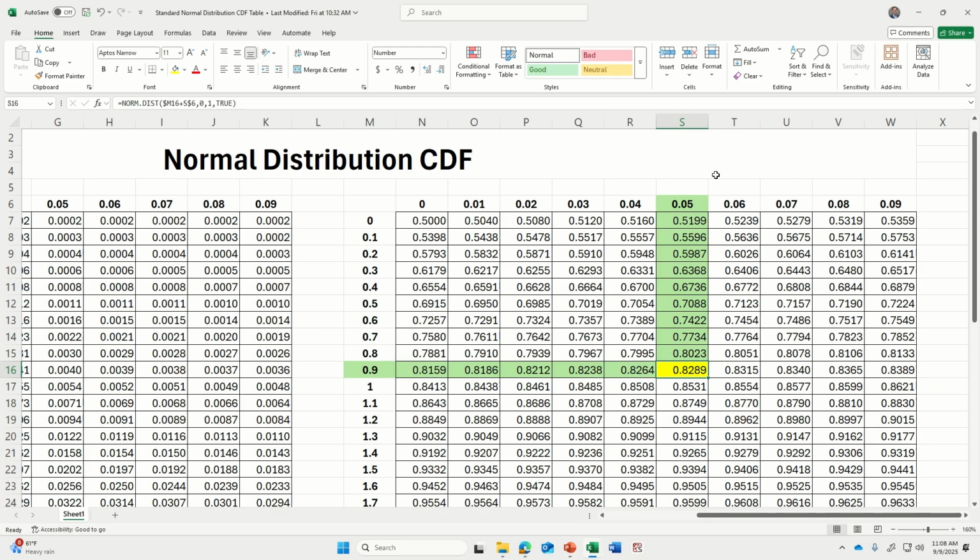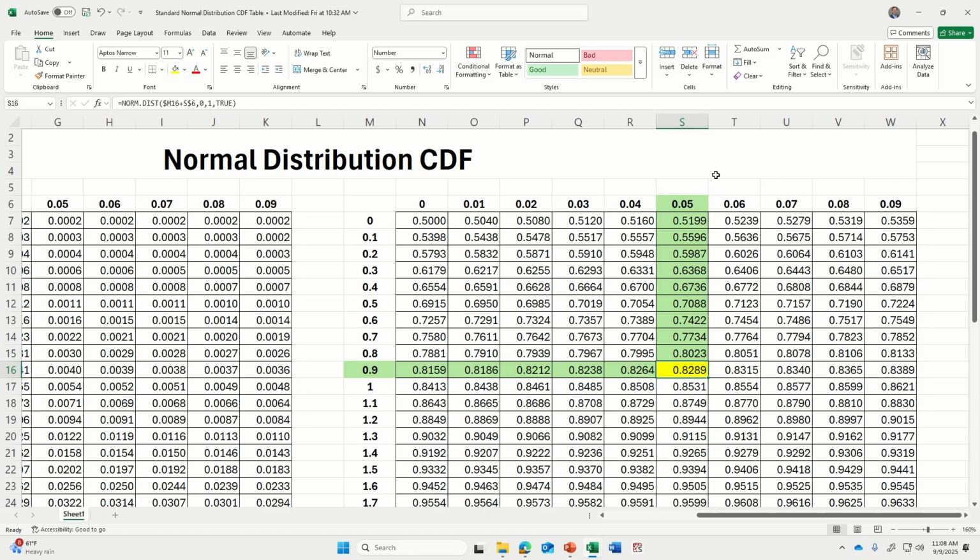Along the rows, the leftmost column, you've got increments of 0.1s, and across the very top row, we've got increments of 0.01. To get the right percentile, you add together the 0.9 plus the 0.05 to get 0.95.